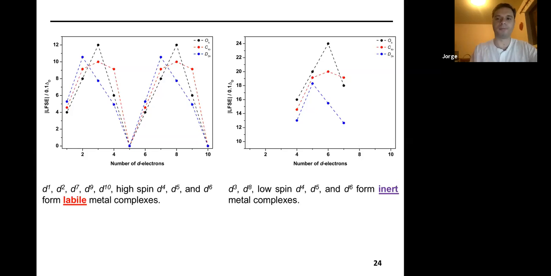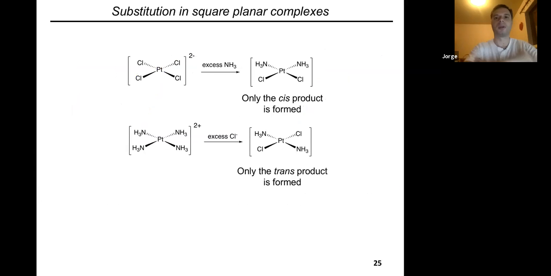Okay, so let's move on. Today I would like just to introduce this new topic, and we will cover it in more detail on Wednesday. So now let's talk a little bit about substitution in square planar complexes. We have here the example of 2 platinum 2 plus complexes.